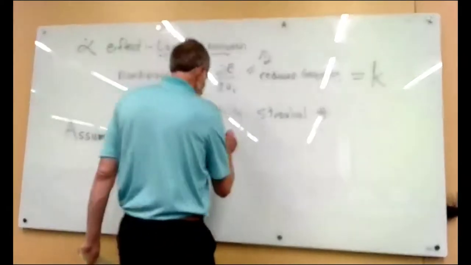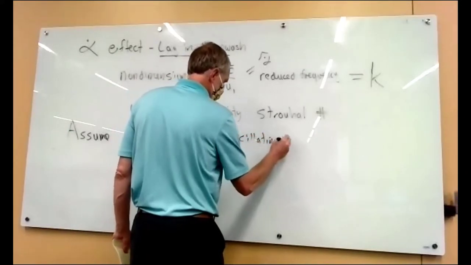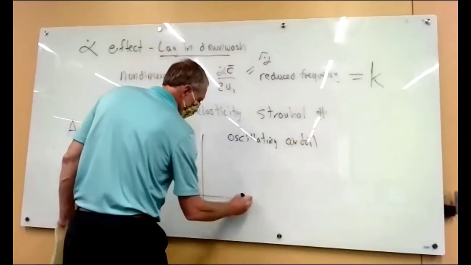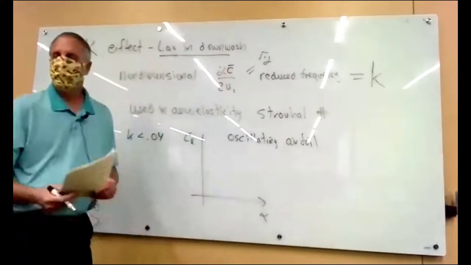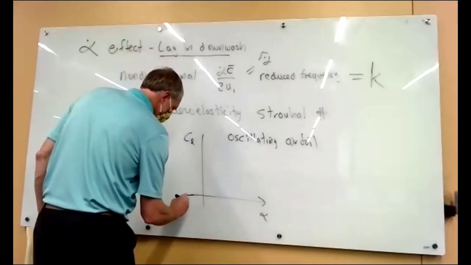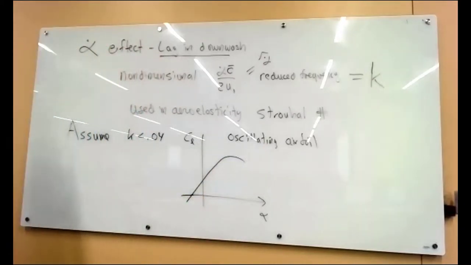If you have an oscillating airfoil, and you look at its lift versus angle of attack, the curves that we're used to seeing are a straight line up and a stall, and that's really a steady state lift. You put it in the wind tunnel at a certain alpha, you leave it at that alpha for a long time, and then you read the steady state lift.